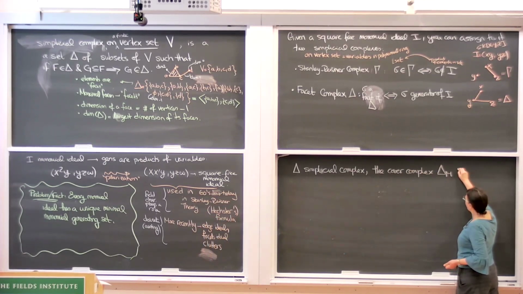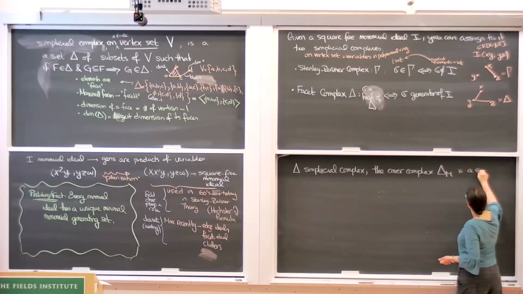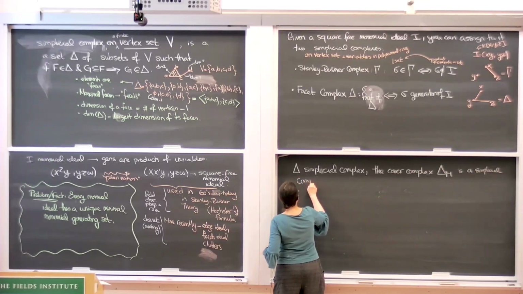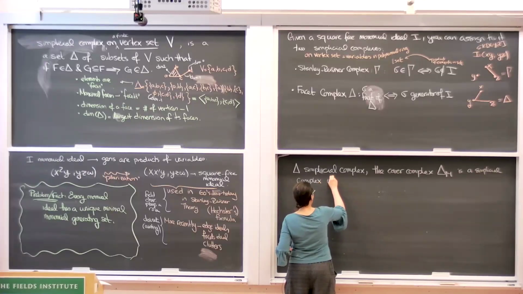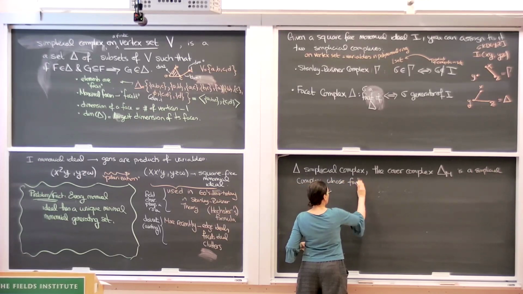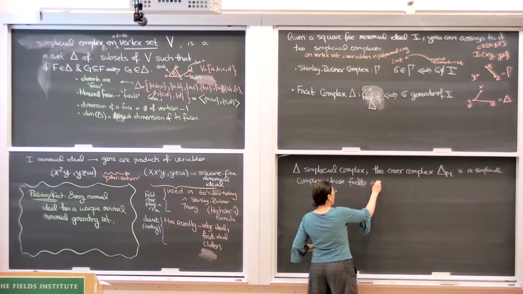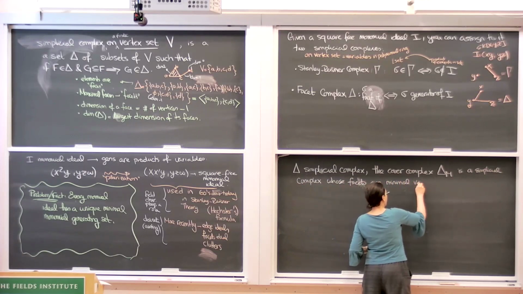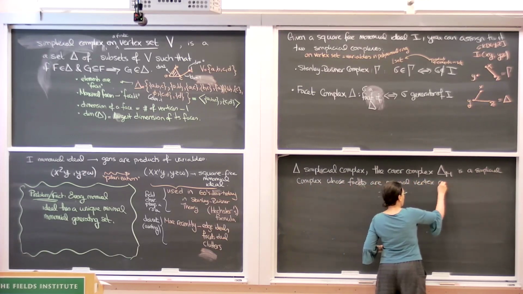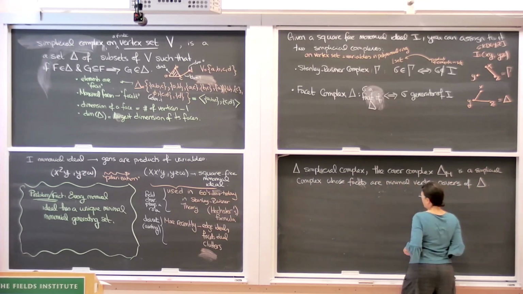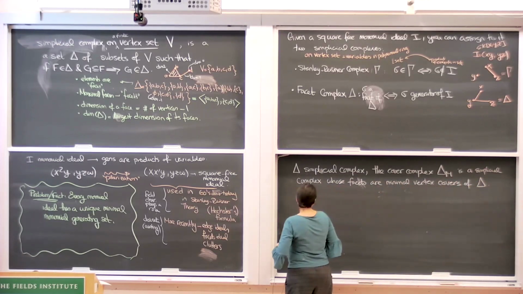Delta M is a simplicial complex whose facets are minimal vertex covers of delta. So what does that mean?